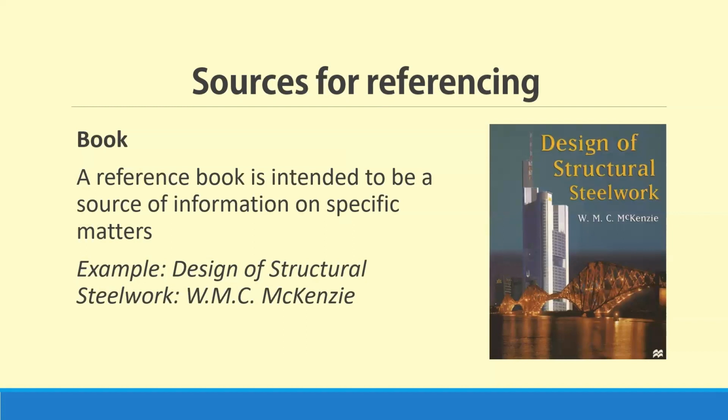For example, books, not just any book, not a storybook, but a book with theories or information on a specific subject or matter. For example, this book written by W.M.C. Mackenzie with the title Design of Structural Steelwork. So this is a good book to refer to if you are doing some kind of study in this area.